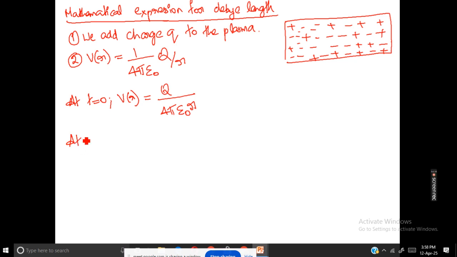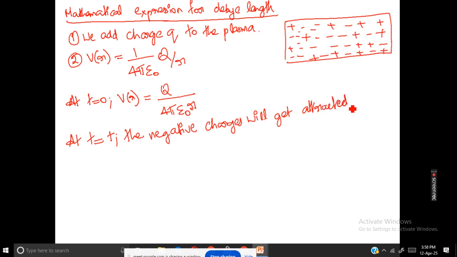At t equal to T, after some time, the negative charges will get attracted to the positive test charge and form a cloud around it.